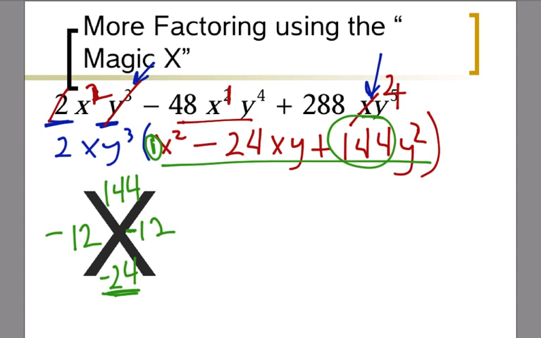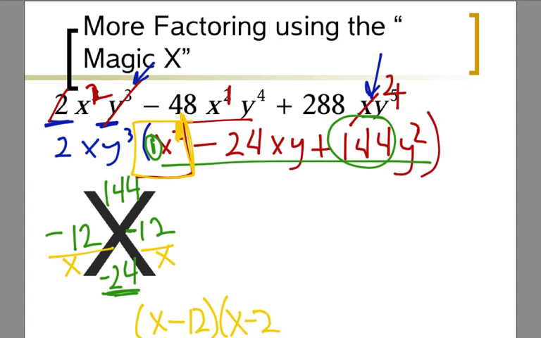And I divide them each by the x squared here, without the square, so just the 1x, so divide each of those by x, and that's going to give me x minus 12 times x minus 12, and because they're both the same parentheses, I want to go ahead and rewrite them to be x minus 12 squared, because they're two of the same thing.